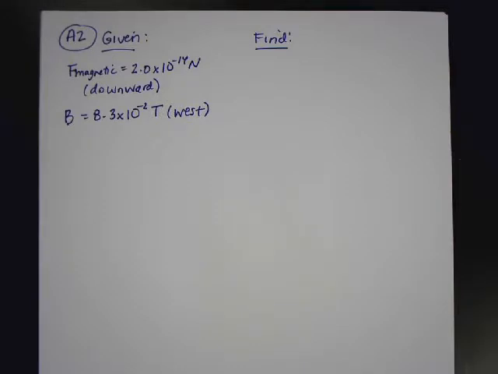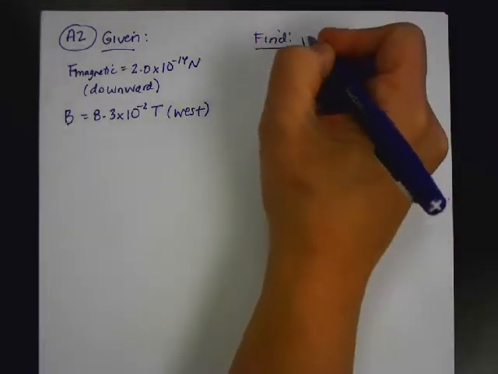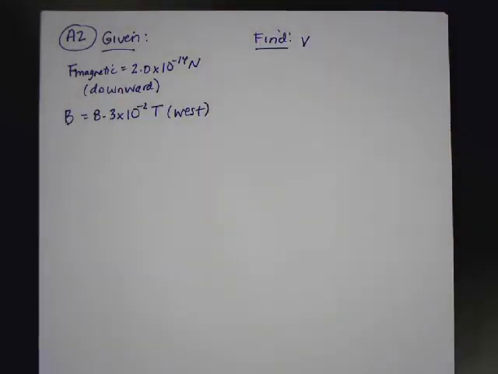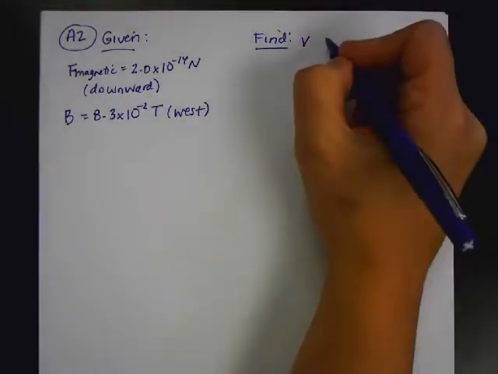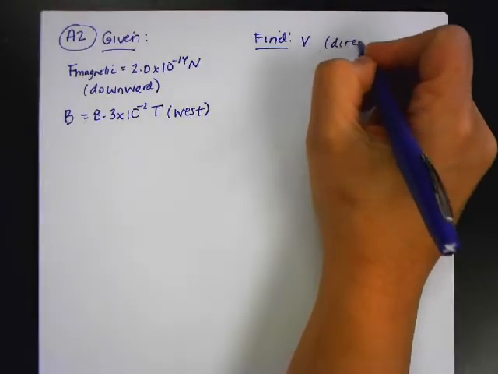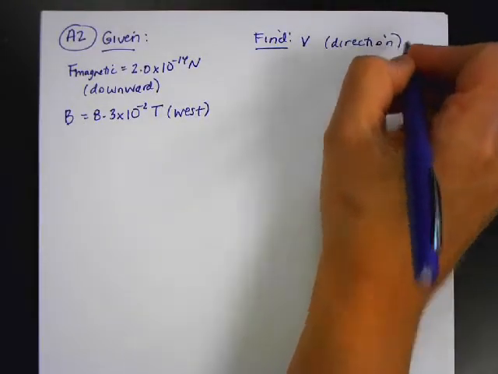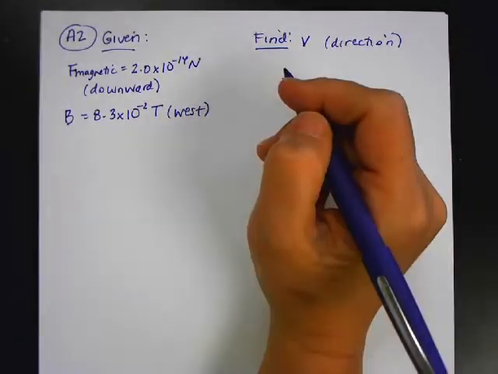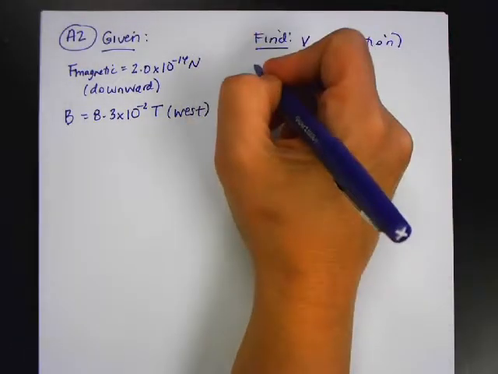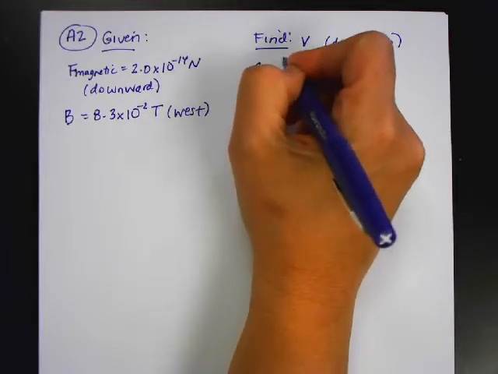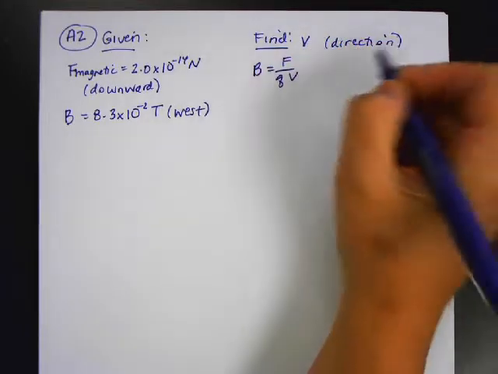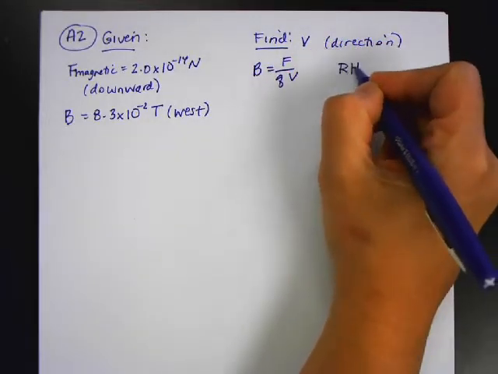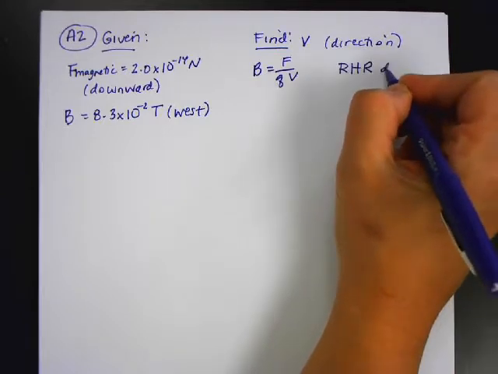And what is the direction and magnitude of the velocity? So I want to find V. V is still velocity. But I also need to find the direction. So I need to find the magnitude and the direction. So I'm going to use my equation to find the velocity, the equation that B is equal to F over QV, and then I'm going to use my right-hand rule to find the direction.